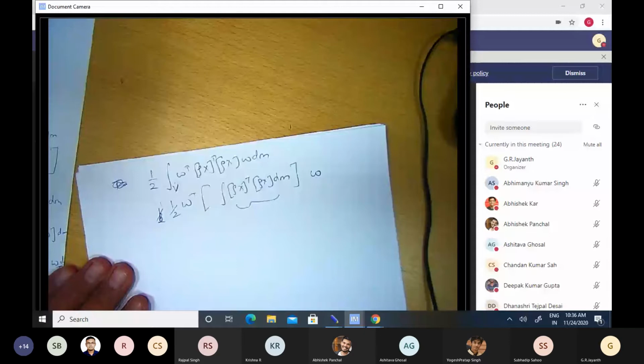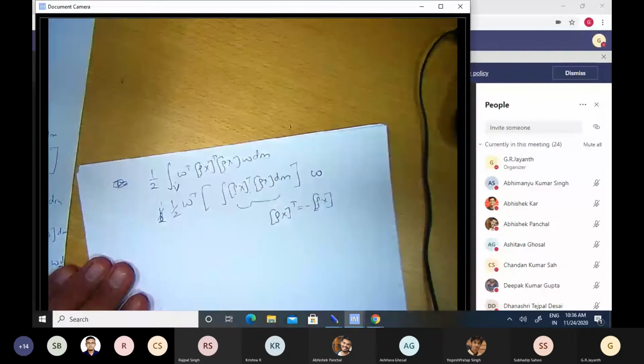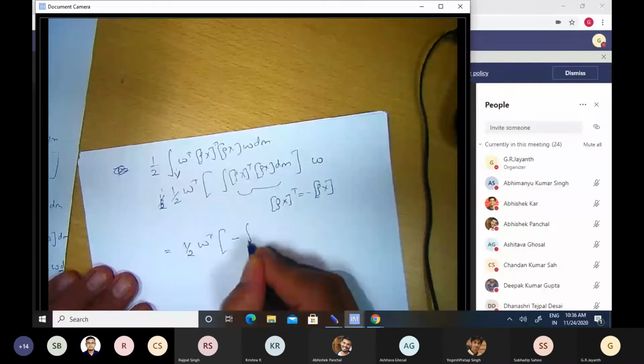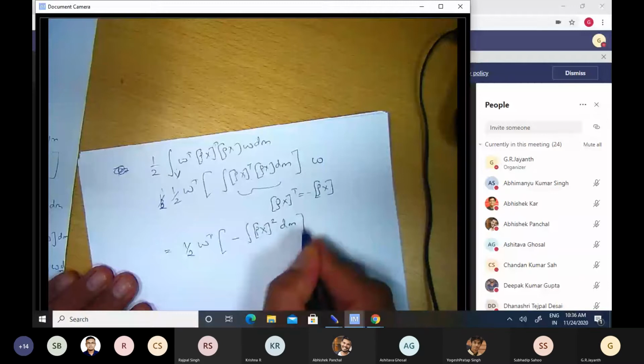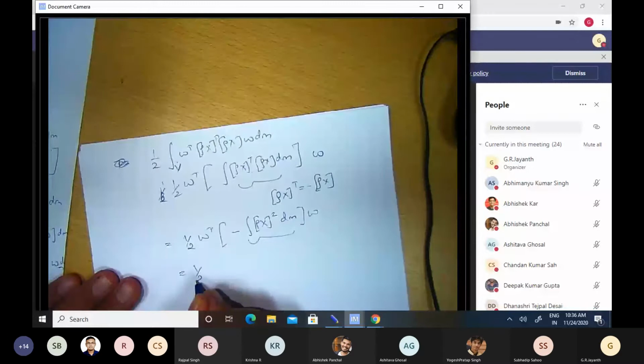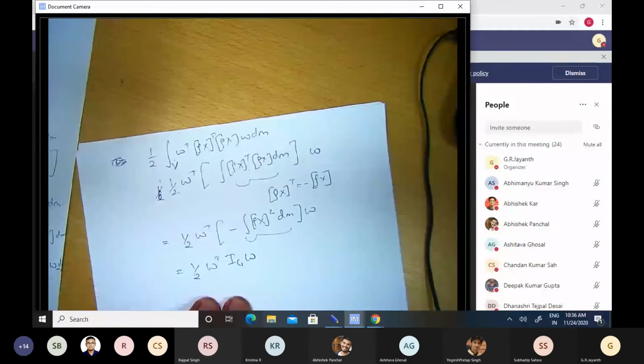Therefore rho cross transpose is simply minus rho cross, and hence I have half of omega transpose minus rho cross, which is rho cross squared, dm omega. And this, by definition, is the inertia matrix. So half omega transpose inertia about the center of mass G times omega. So this is the kinetic energy associated with rotational motion.